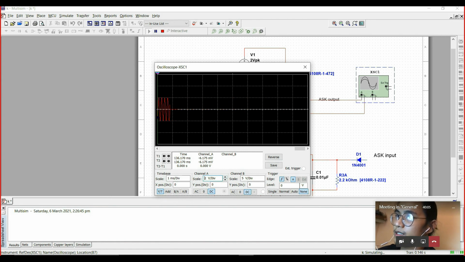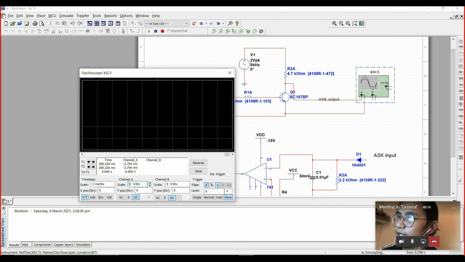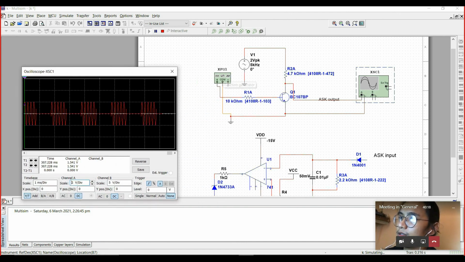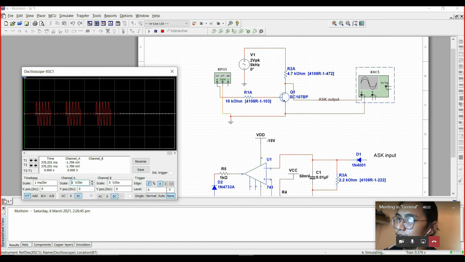Here we can see that the on-off ASK is just the carrier signal, but the amplitude of the ASK signal is cut off when the signal generator square wave is high. Let's connect the two.